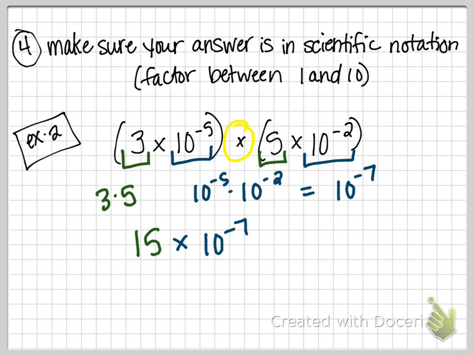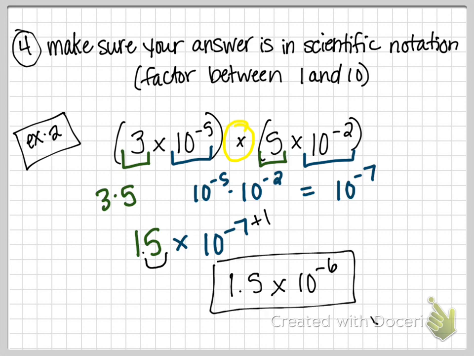Is it in scientific notation right now? No. We have to move this decimal so that we get 1.5. We moved our decimal to the left. What do we need to do with our exponent? Add 1. So we get 1.5 times 10 to the negative 6.